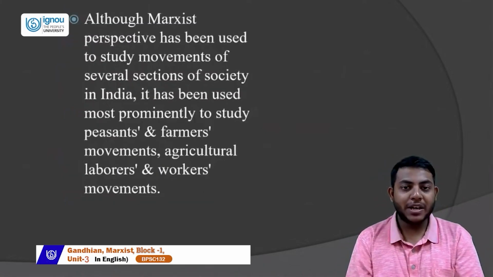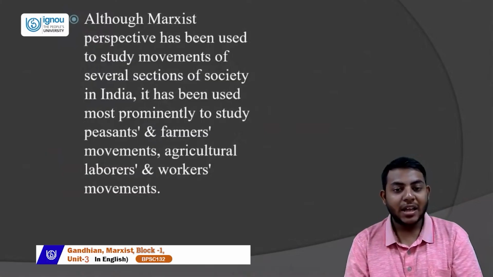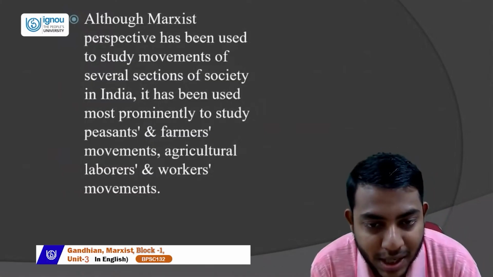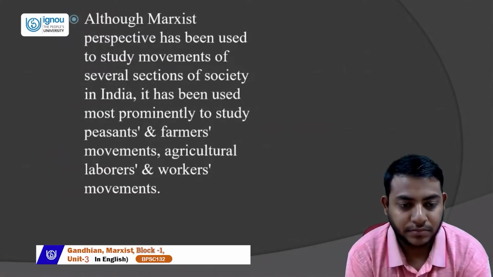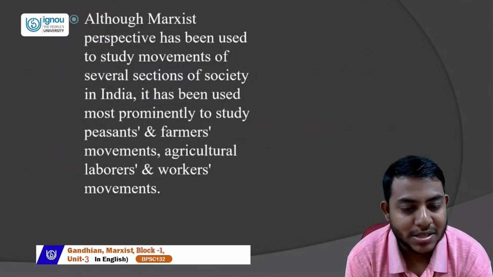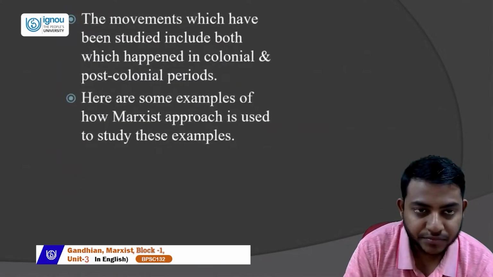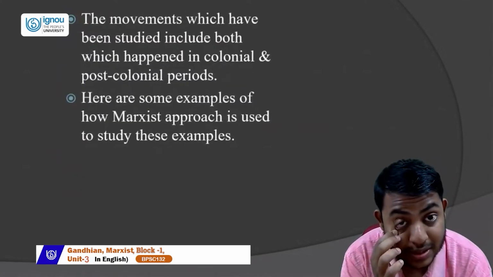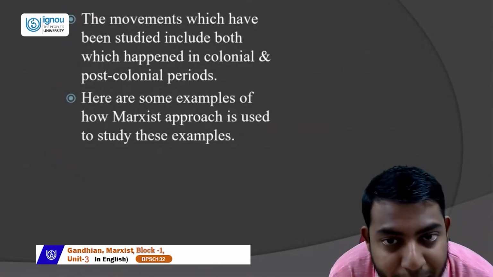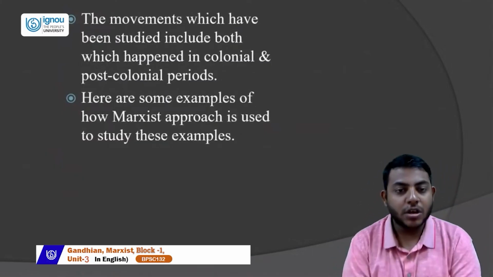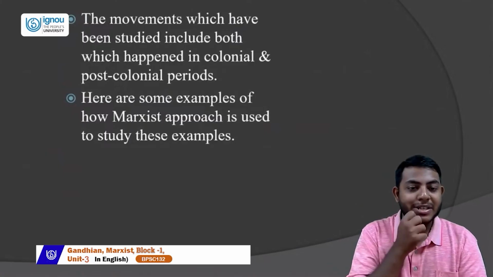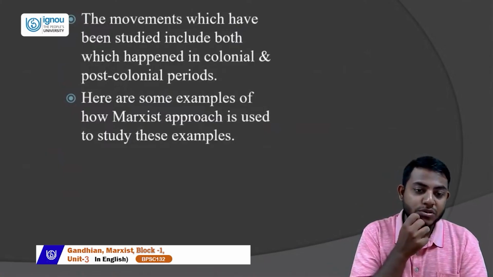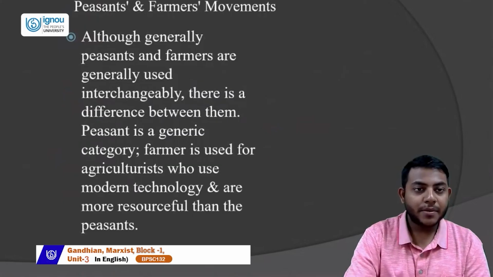Although the Marxist perspective has been used to study movements of several sections of society in India, it has been used most prominently to study peasants' and farmers' movements, and agricultural laborers' and workers' movements as well. The movements studied include both those in the colonial and post-colonial periods. We shall be discussing some examples of how the Marxist approach is used to study these movements.